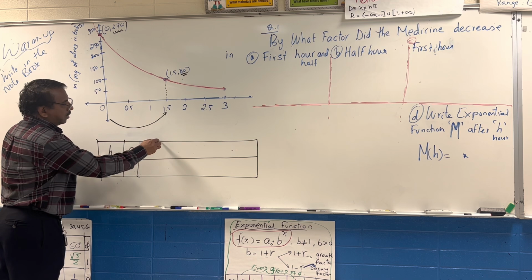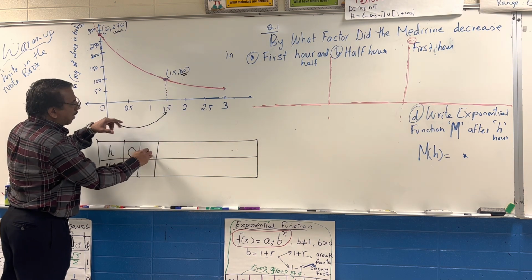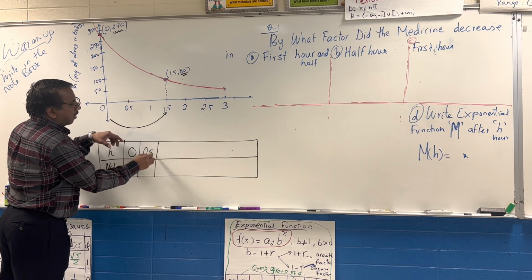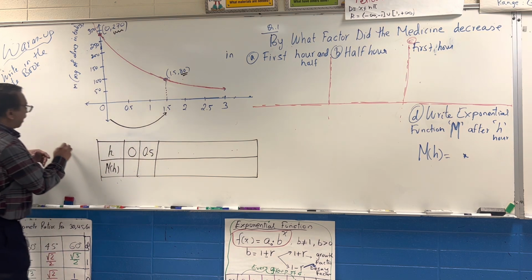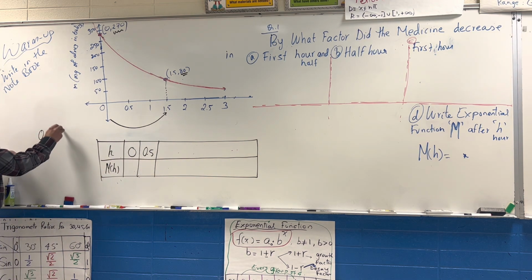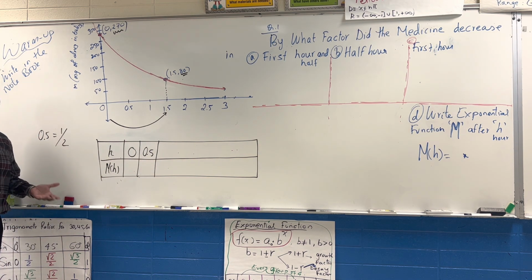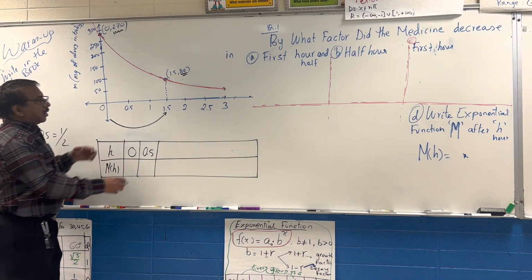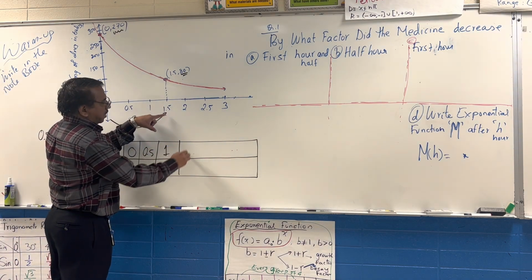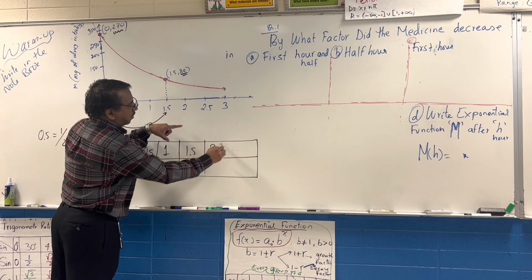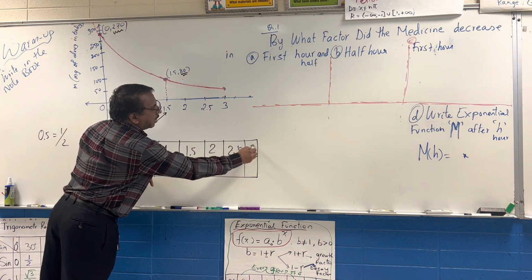This starts at 0, then 0.5, or half, which makes the same sense. Then 1, 1.5, 2, 2.5, and then 3. Okay, that's it.